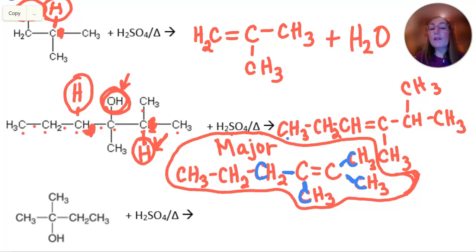Whereas if we look back at our first product, it was CH3, CH2, CH, double bonded to a C that's bonded next to a CH3 group coming down, and then the chain continued from that carbon of the double bond to a CH that had two CH3s. The trick really is that the first carbon on the left side of the double bond had an H that it was bonded to.